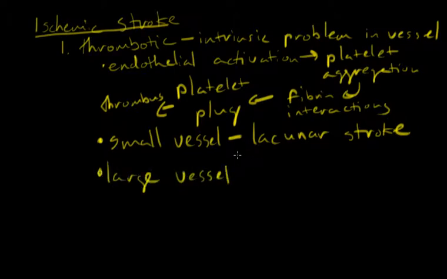Small vessel stroke usually arises from etiologies that cause problems in small vessels. For example, there's lipohyalinosis, which is the deposition of fatty hyaline matter, and that's due to, for example, high blood pressure and aging, which can all lead to this deposition.